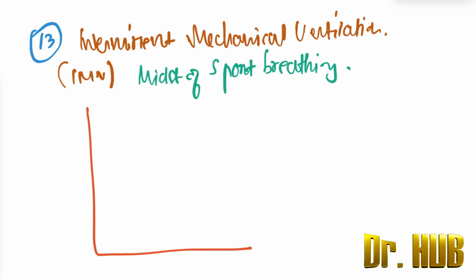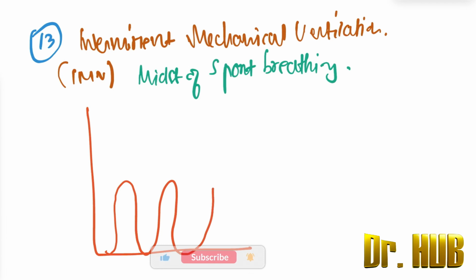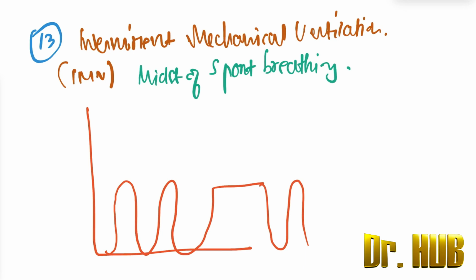If you see, there is a slight increase, and then comes the big plateau, then again there is a slight increase. This is intermittent mechanical ventilation. These are breaths in the midst of a spontaneous breathing patient.